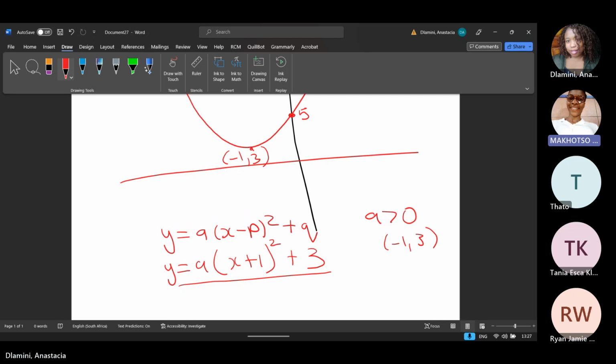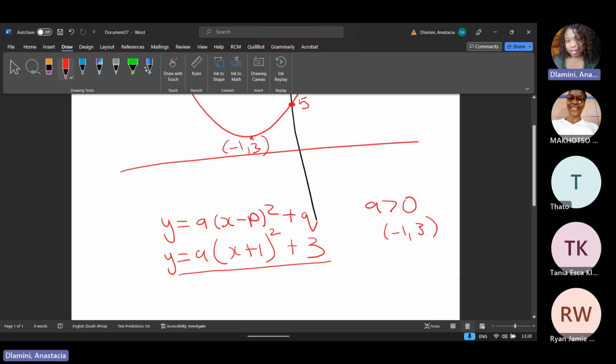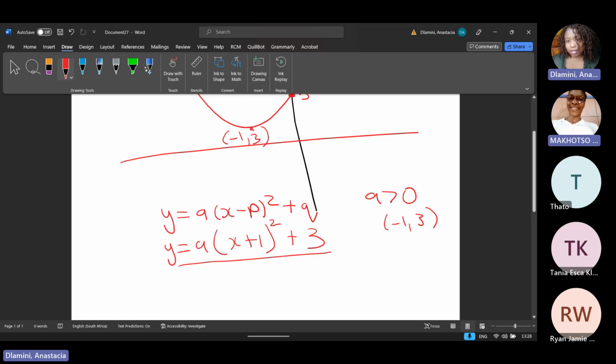Because now we must use our y-intercept coordinates to substitute on our equation so that we can get the value of a. Thank you. We have done a bit, but we are not done because there's an a here. There is no quadratic equation that has an a and you can draw it like this.